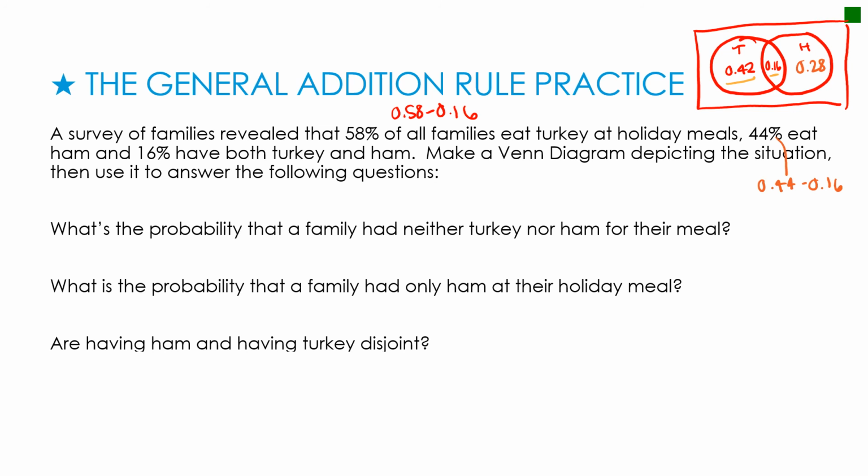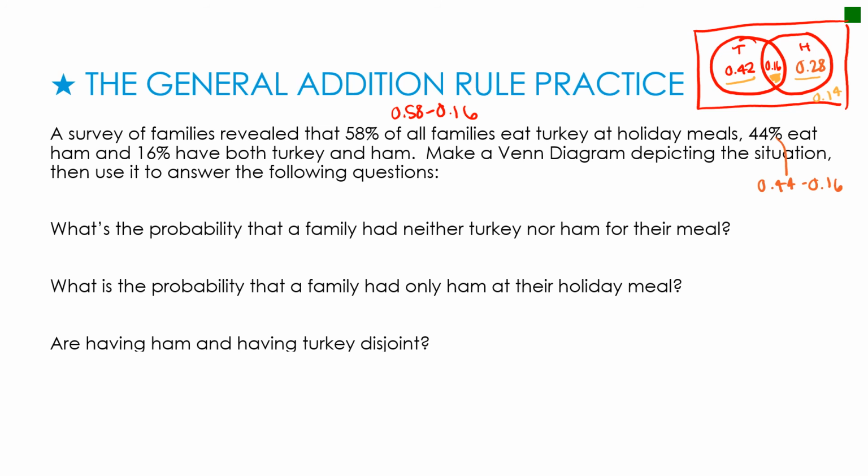So 28% of people eat ham but not turkey, because the people who eat both are in the middle. To find the people on the outside, I would add 0.42 plus 0.16 plus 0.28, subtract it from 1, and I get 0.14. So now I've got my Venn, I can answer my questions.